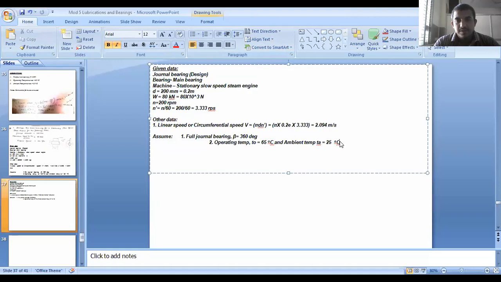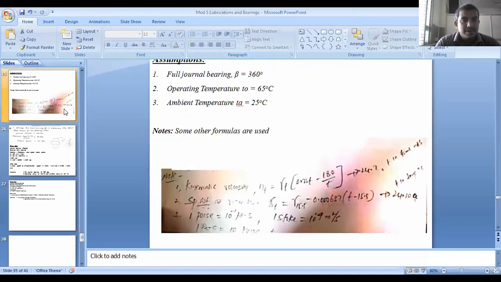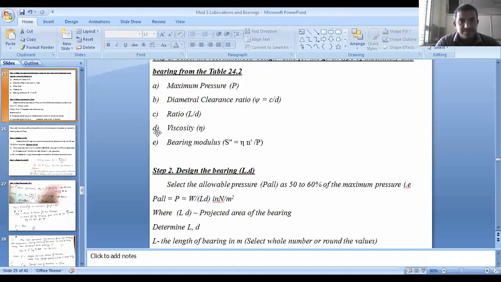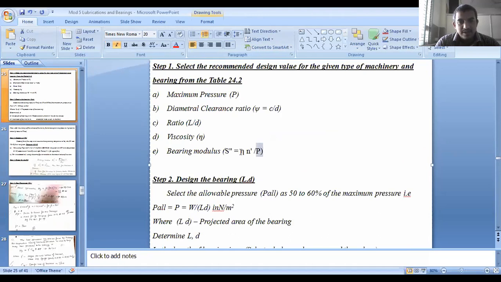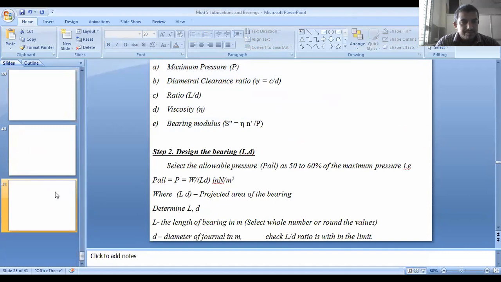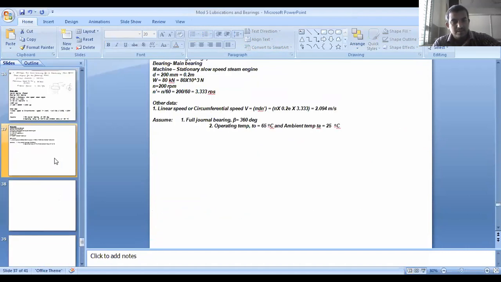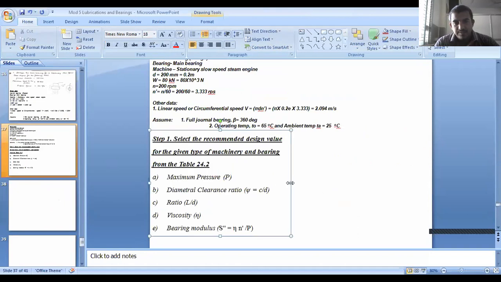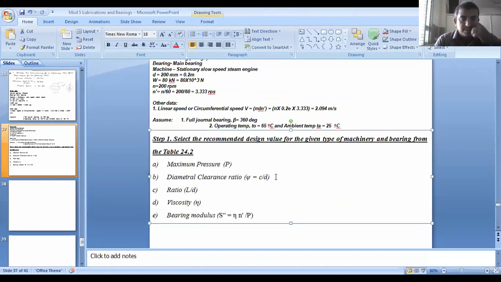Select the recommended design value for the given type of machinery from table 24.2.